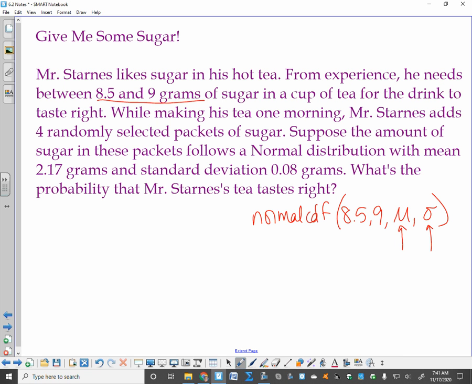So here we go. I am going to let X equal amount of sugar in a random packet. Now I have 4 packets.